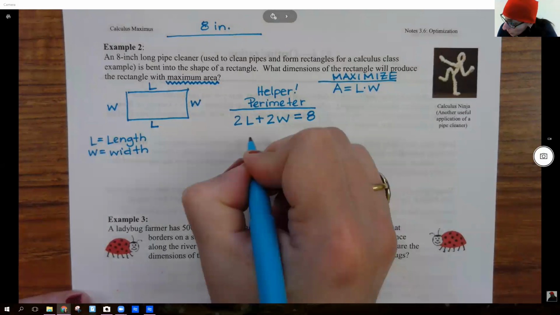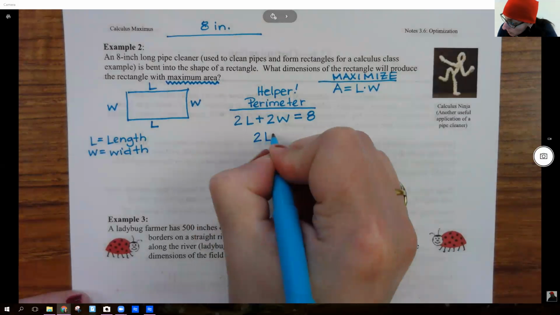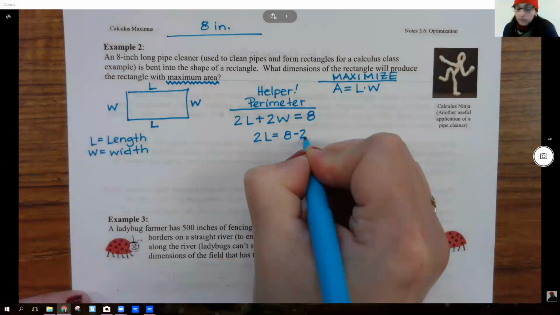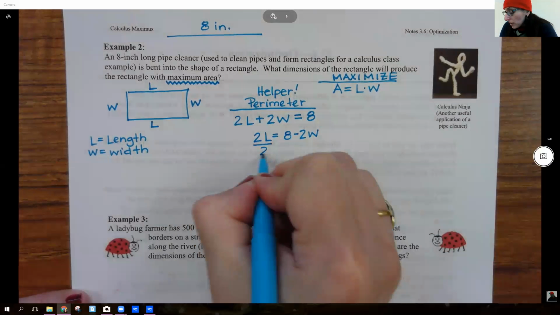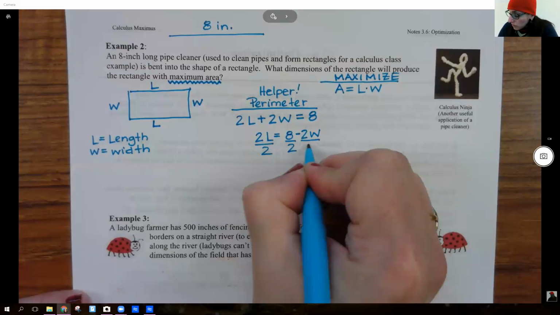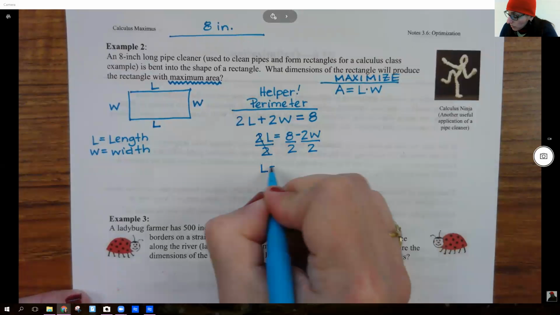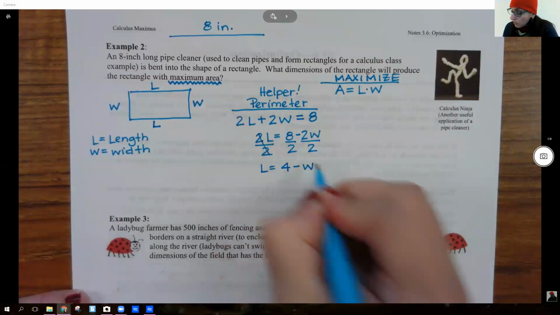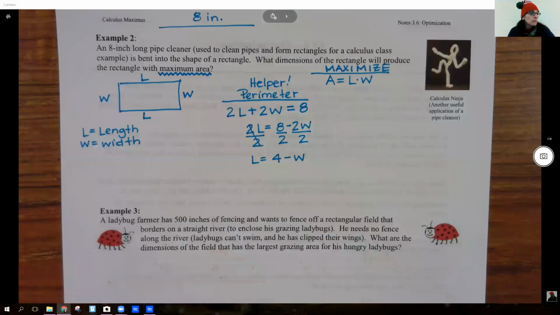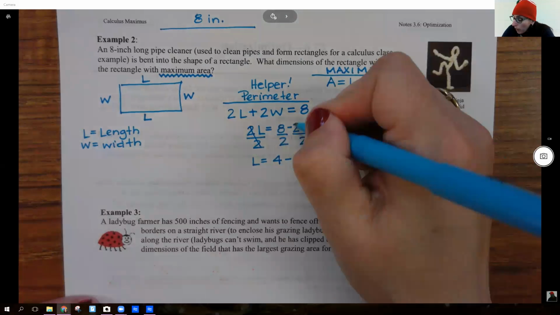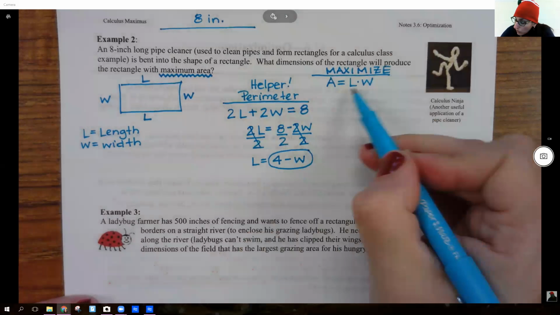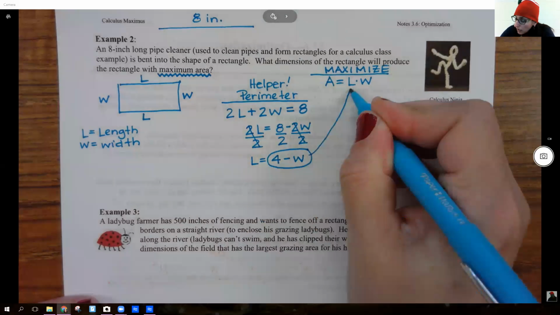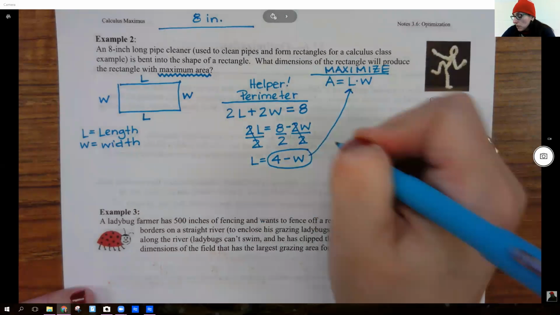So we're going to subtract 2W, and then divide everything by 2. So length equals 4 minus W. Now, wherever you see an L over here, you are going to sub in 4 minus W.